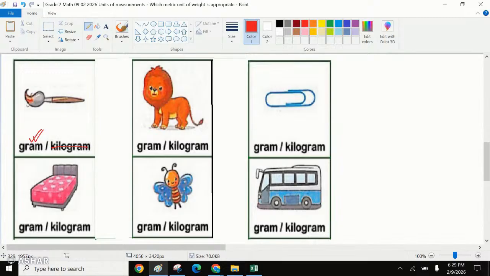What about the bed? Bed, the size of the bed. What should be the size of the bed? Yes, thank you. Bed cannot be in grams, it has to be kilograms. What about this kitten or a lion? Okay, thank you.